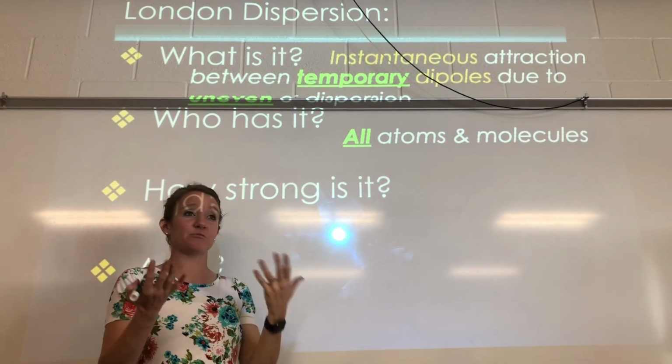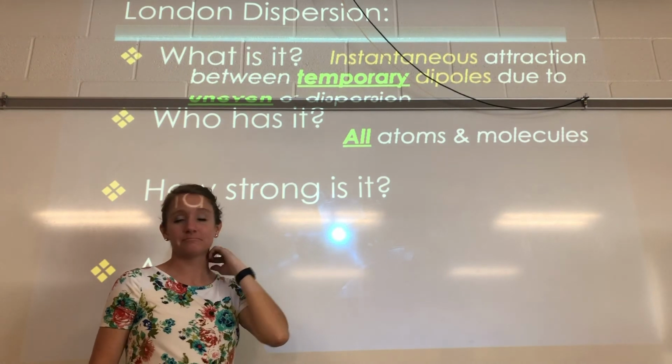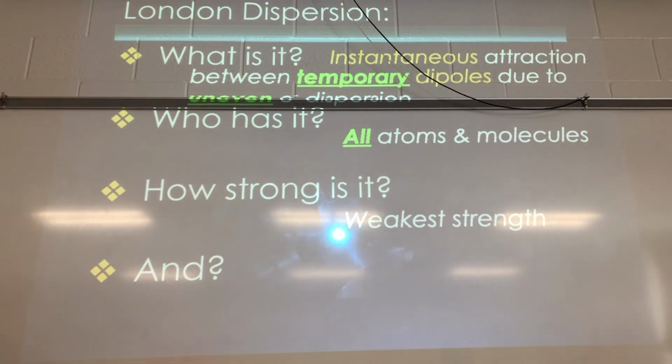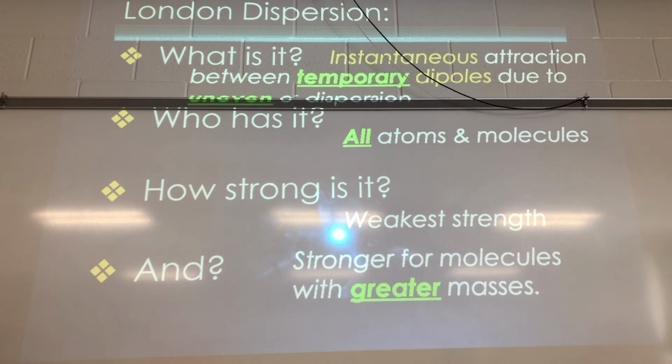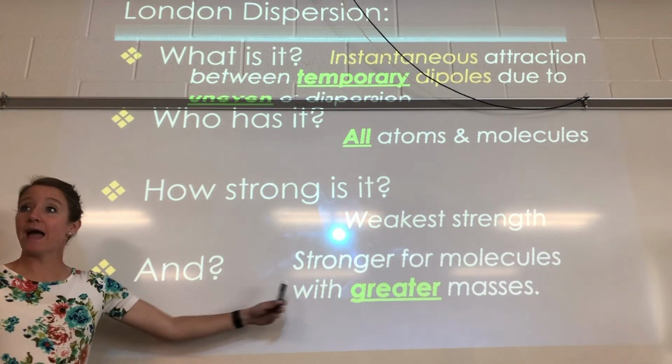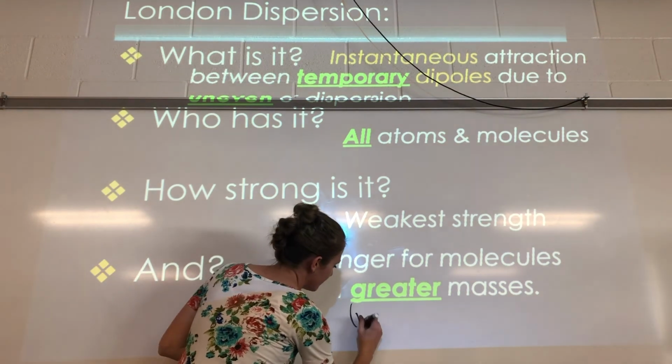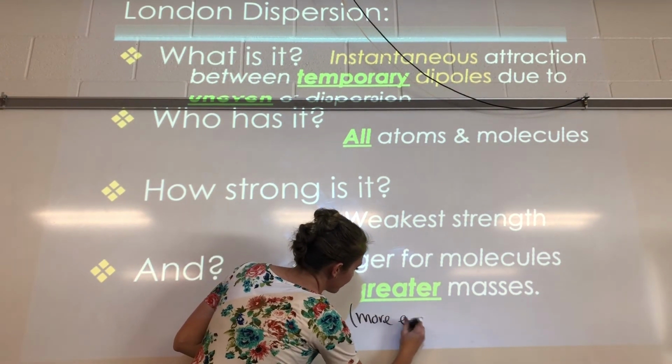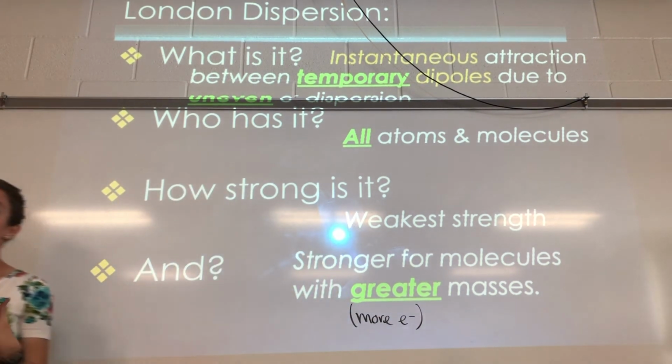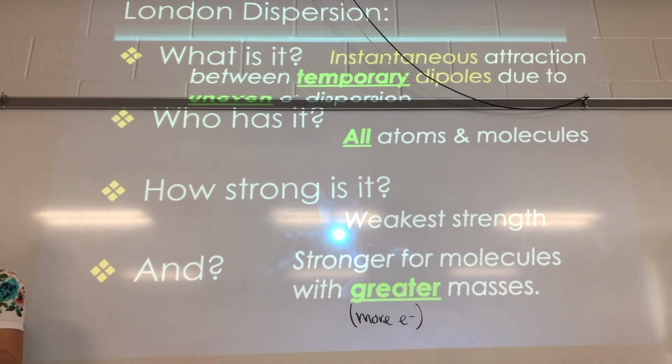So everything experiences this to some extent. That's why it's also the weakest. But the bigger molecule you have, aka meaning more electrons, the stronger the force can become. So molecules with a ton of electrons can have quite strong London forces because they have so many to shift.